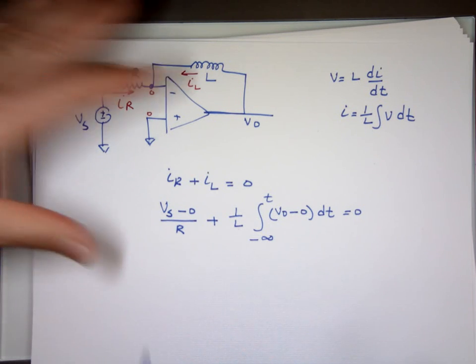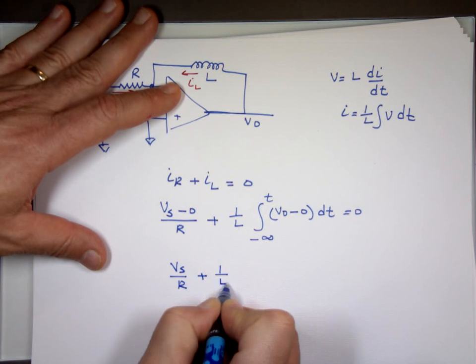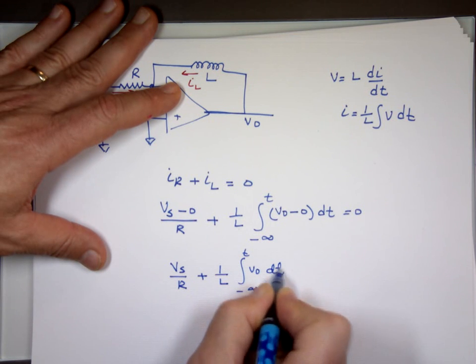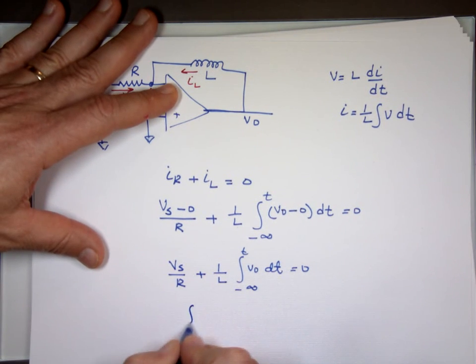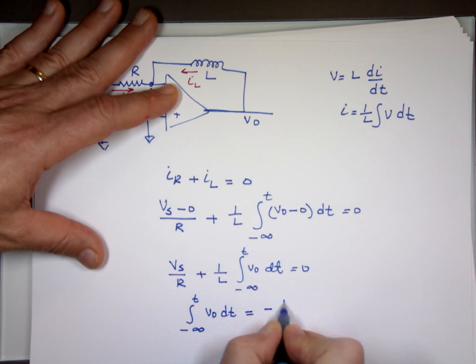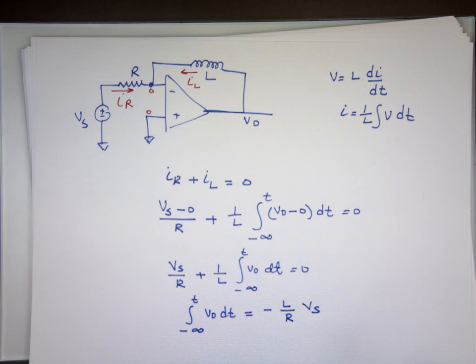Let me clean this a little bit. Multiply by L and move this to that side, I'll have, if you multiply by L, equals negative L over R times Vs. I want to solve for V out.